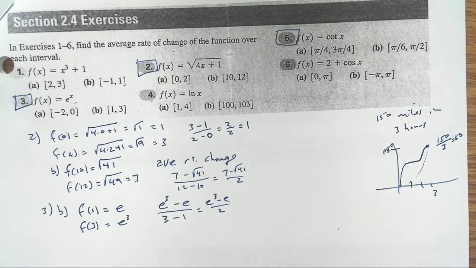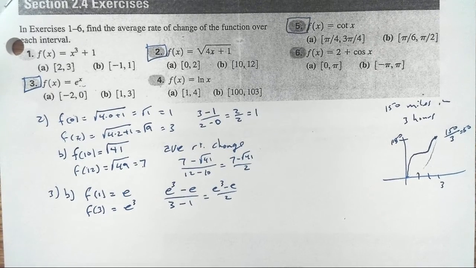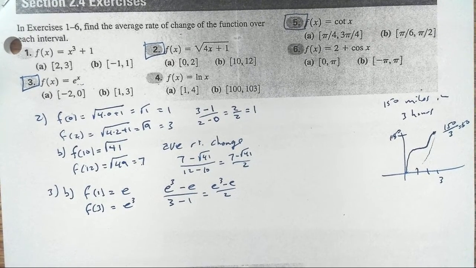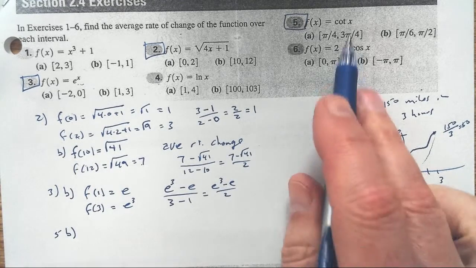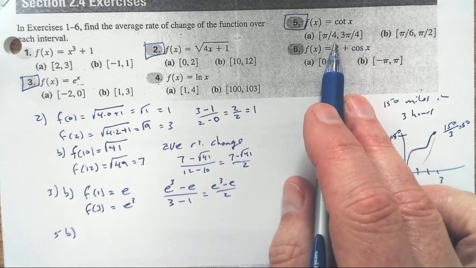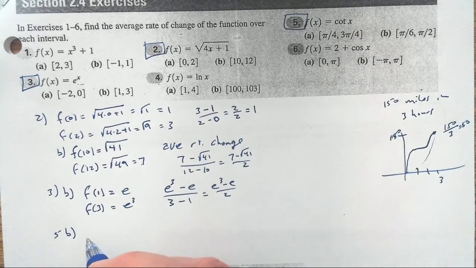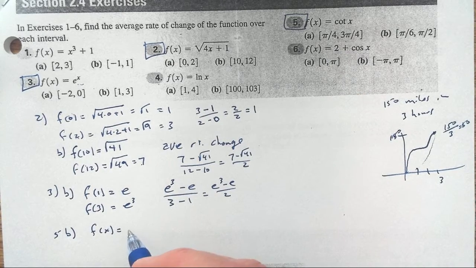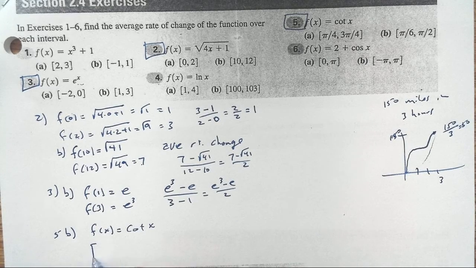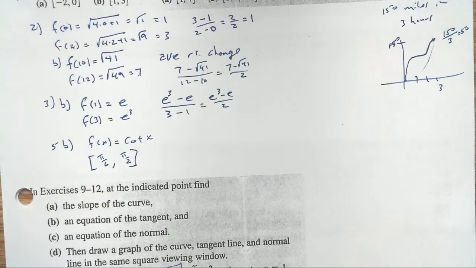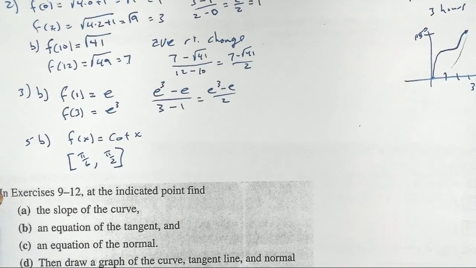Okay. And let's look at 5. I'm going to go with 5b. I'm going to write this down here, f of x, just so I can zoom in a little bit. F of x equals cotangent of x, and b, the interval is pi on 6 until we get to pi on 2. So let's take a look there.